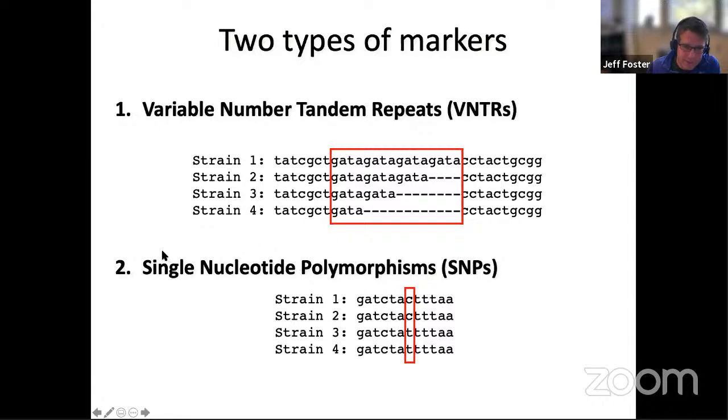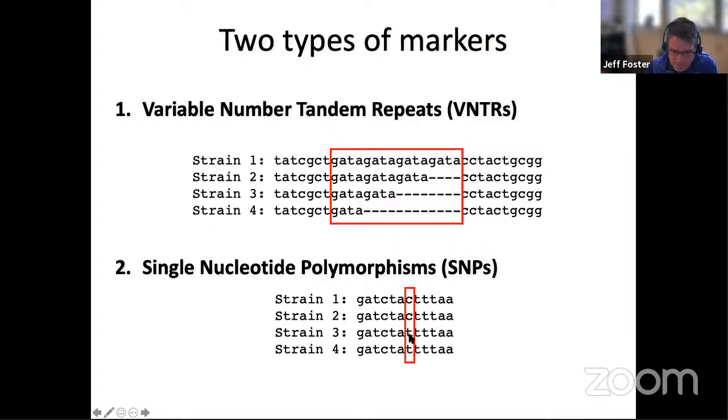More recently, and much of this talk is going to focus on this, although we'll occasionally go back to VNTRs, we can use SNPs. SNPs are single nucleotide polymorphisms, and they're simply point mutations. And so we can see here, at least at one locus, so one position in the genome, strains 1 and 2 share a nucleotide C, and strains 3 and 4 share the nucleotide T, right?